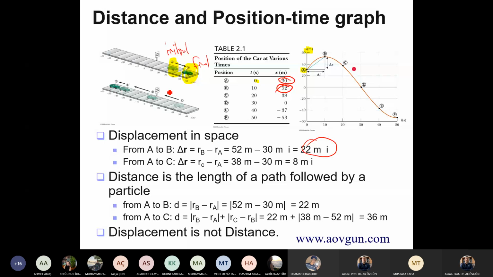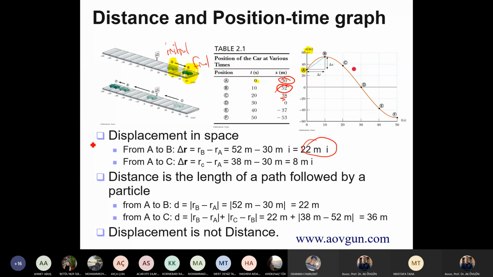And from A to C, if you look here, it first goes in the right direction, and after that turns back. From here you will see that for C, time is 20, so time is passing, but position is decreasing, so it means that it turns back to 38 meter.